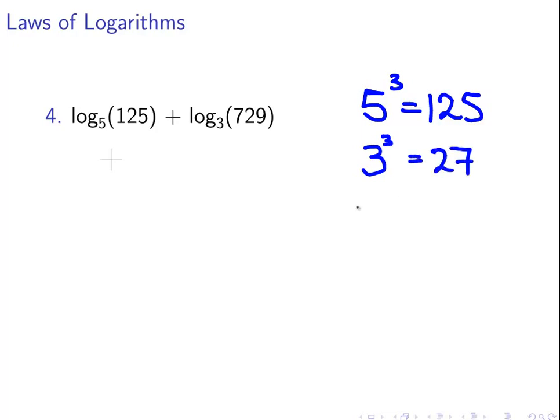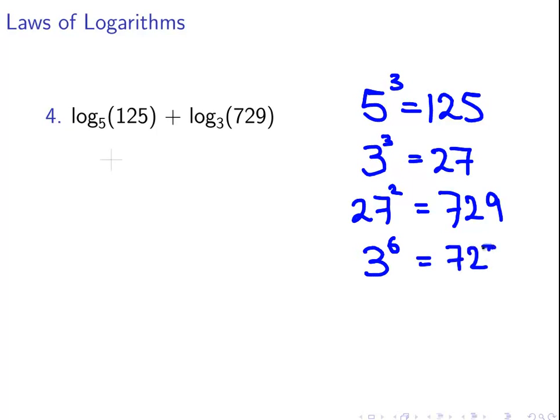And 27 squared is equal to 729. So what we have there is 3 to the power of 6 is equal to 729. That's just going back to the power laws: 3 cubed, squared, equals 3 to the 6.